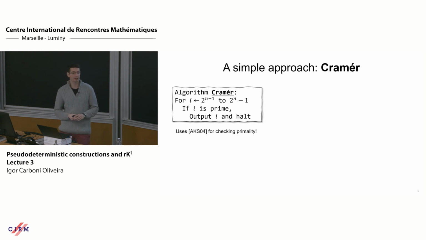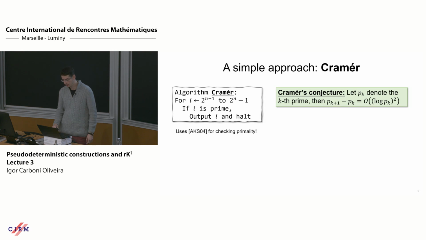The first, most naive algorithm is the following. Given n, you just try all integers one by one, starting from the first n-bit integer. You test each one using, say, the AKS algorithm, and if that integer is prime, that's your output. So that's an algorithm that would definitely produce an n-bit prime. And if we could understand gaps between different primes, then we would be able to place an upper bound on its running time.